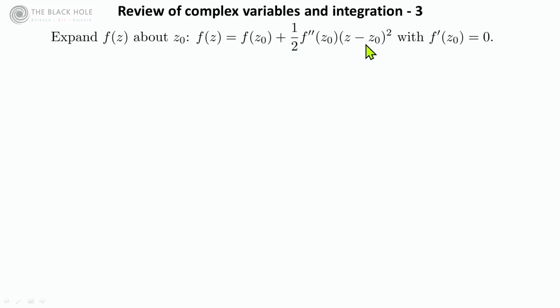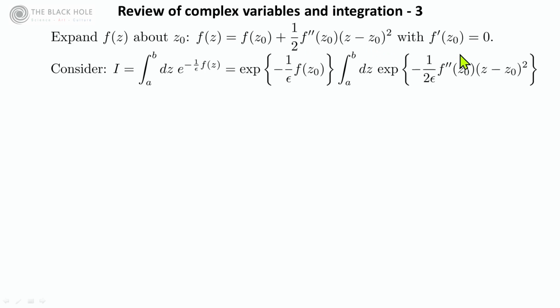And then there's the second order term, and let's then look at this integral from a to b. And here's our integral. I'm just going to stick this in here. So the first term being a constant, I can pull it out of the integral. The second is this. Nothing very much except just put this over here.